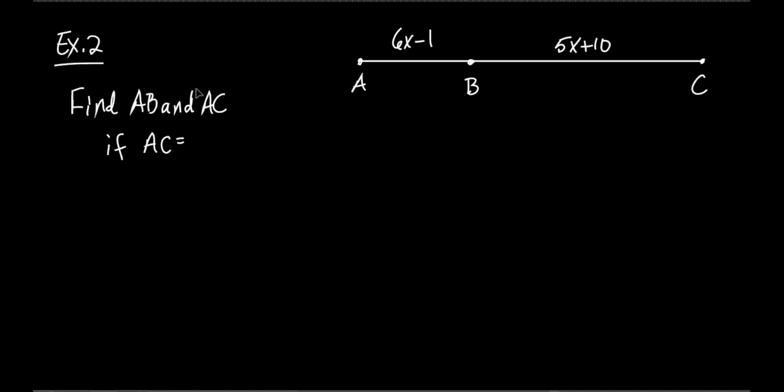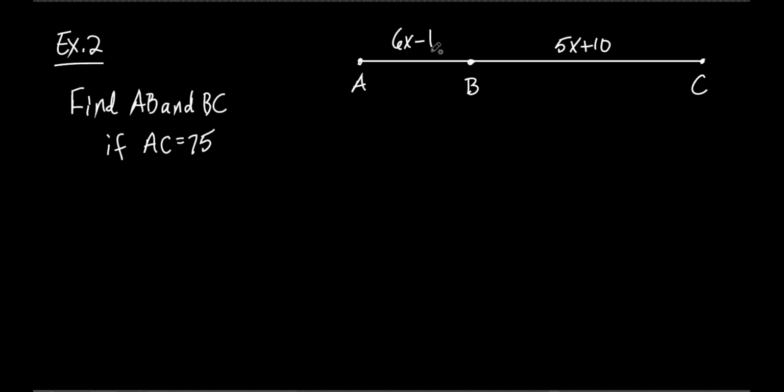I was going to say, they tell you what AC is, so why would they ask for it? I'm sorry, that's BC. All right, and if AC is equal to 75. All right, so this is the problem. This is something that you're going to see on a quiz, on a test, in your homeworks. Okay, so make sure you write this down and understand how to do this.